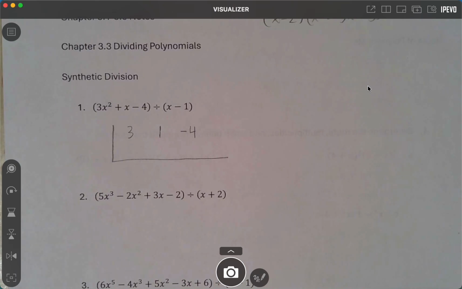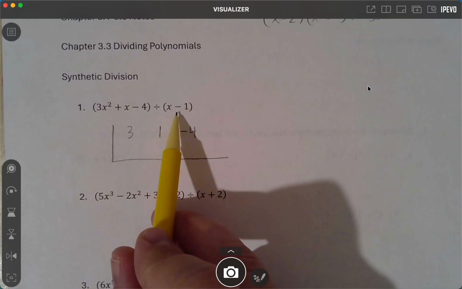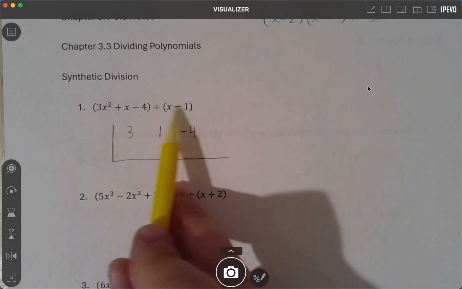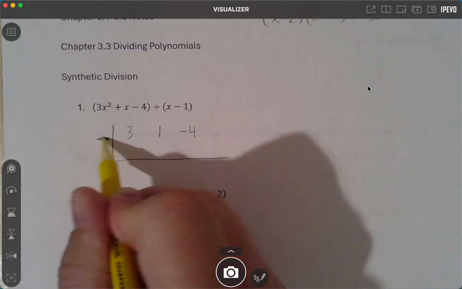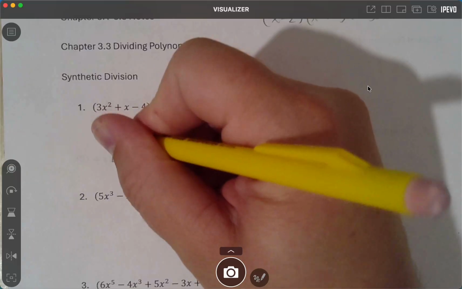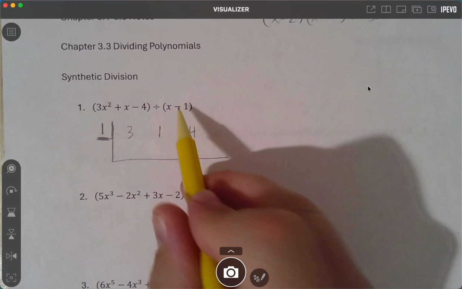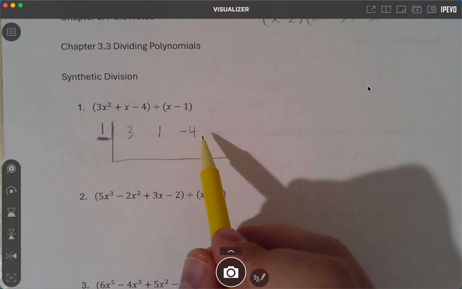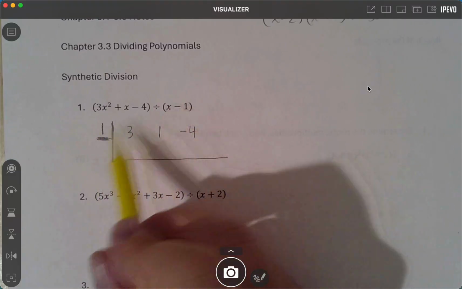From there, we are then going to write the thing we're dividing by, not the algebra though, right? Just like we copied only the coefficients, we're going to copy the root of this. And if you catch that wording, it means we're going to flip that and grab +1 because that's what makes this thing equal 0. Okay, so we have our thing being divided. We have our divisor, again, flipped as a root.